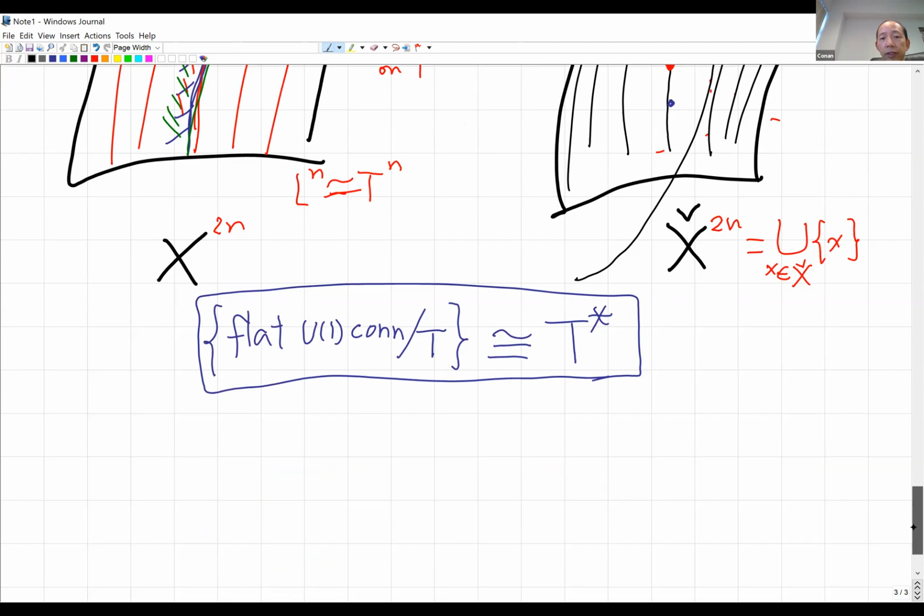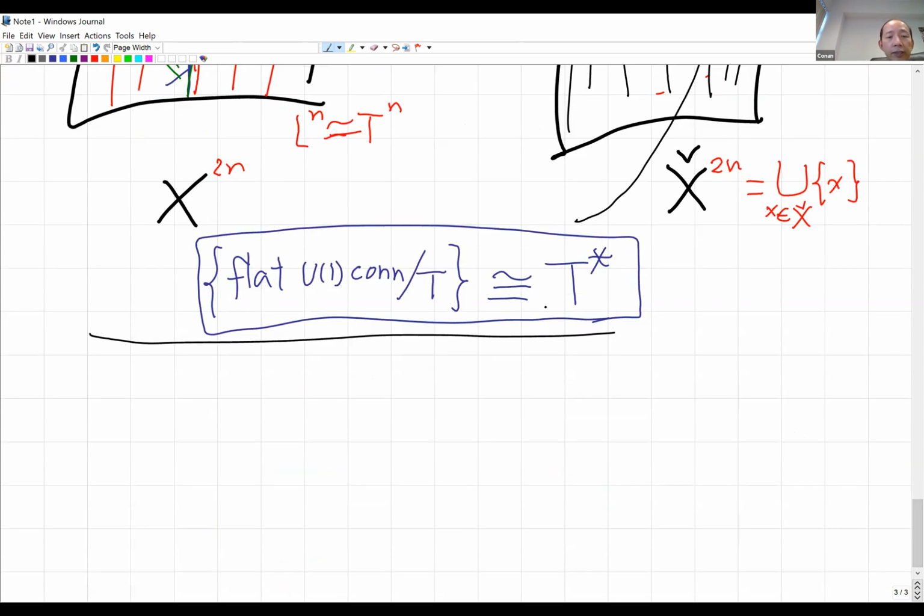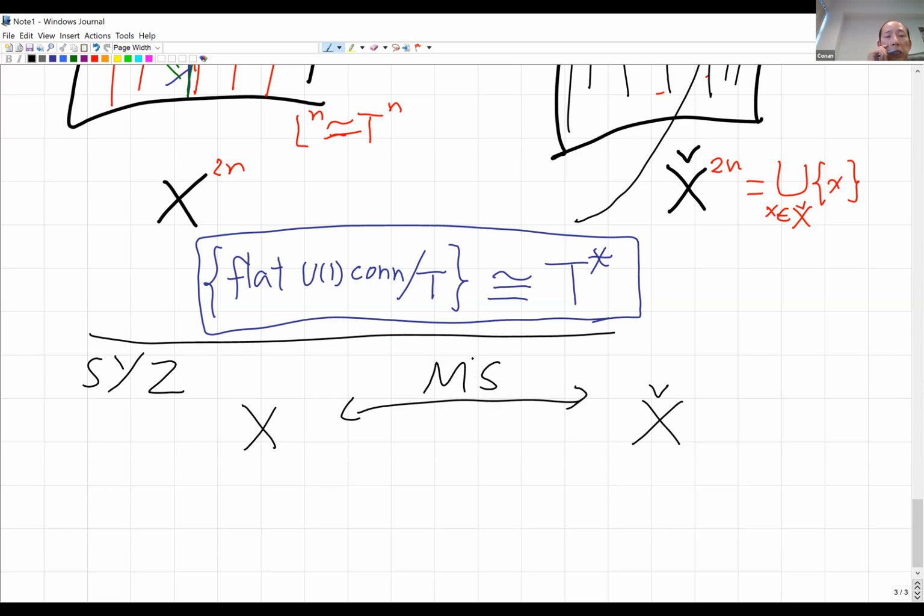Therefore, the prediction of the SYZ perspective is that if X and X-check are mirror, then the analysis that I mentioned is only asymptotic analysis. It's only related to a semi-classical limit, sometimes called the large structure limit. It's a limiting behavior.